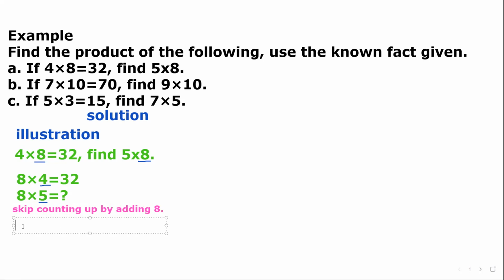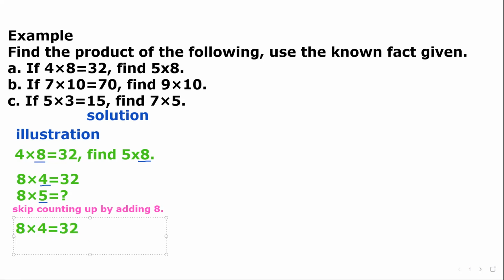So when you have the 8 times 4, which is equal to 32, that is the known fact.